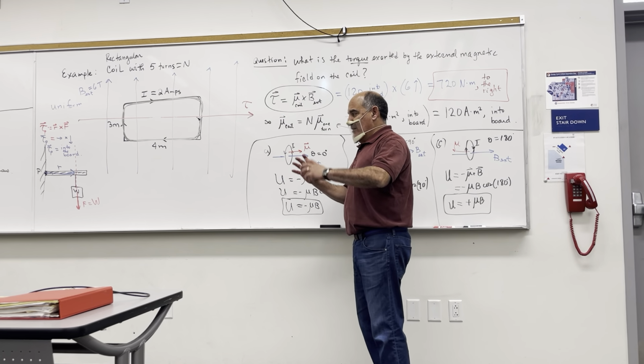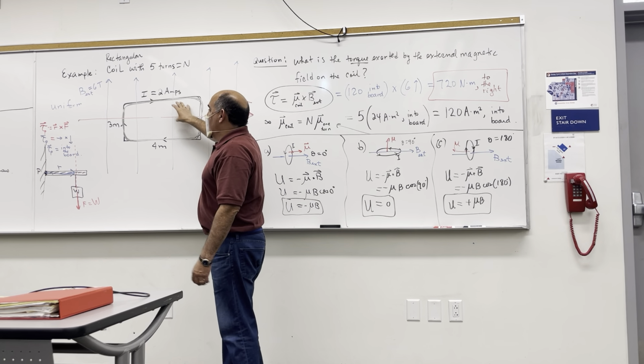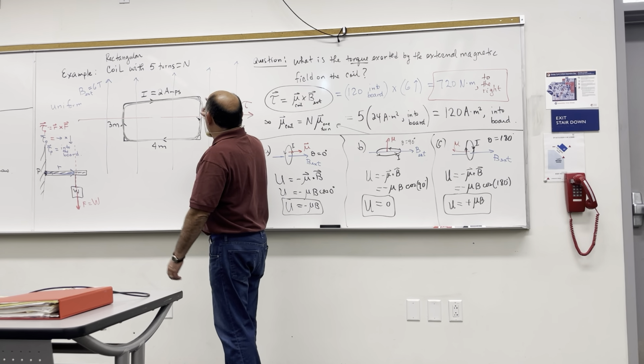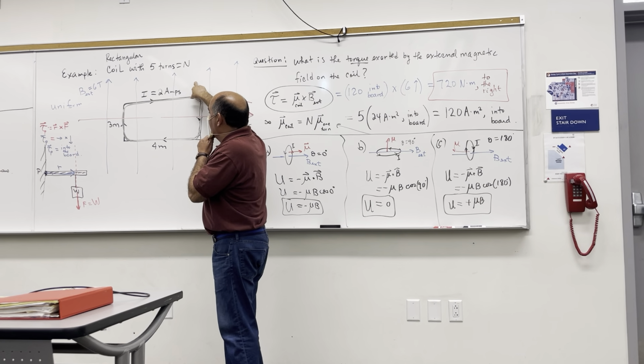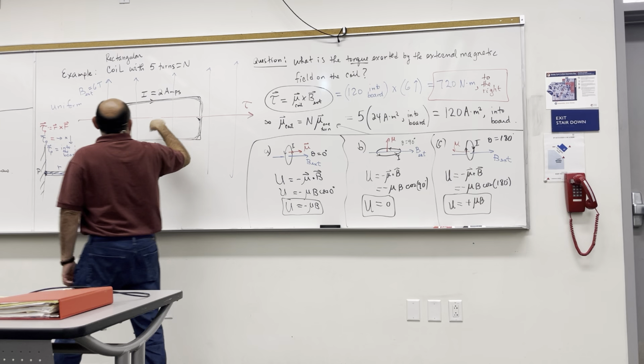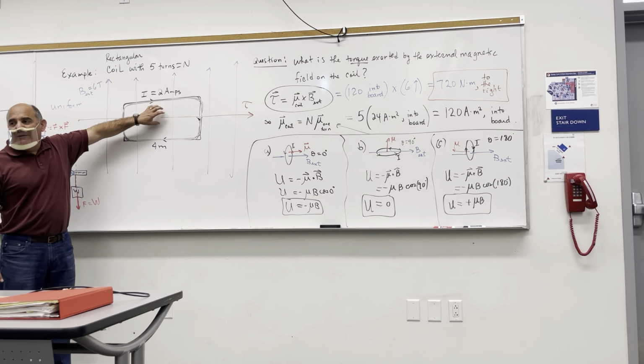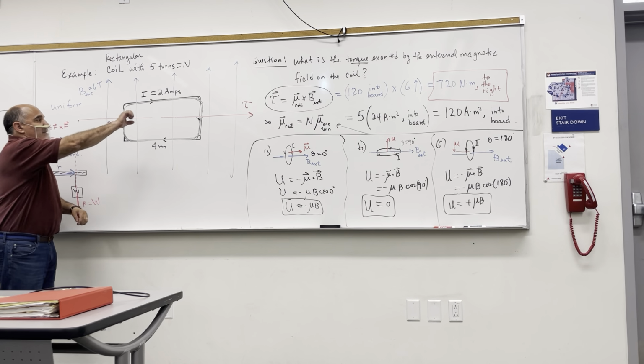So essentially, if you have considered this problem, and the external magnetic field is up the page, like up the board over here, right? And there's a current like this, right? What is the direction of the magnetic dipole moment vector of this loop? Into.